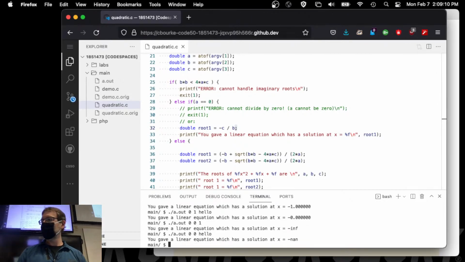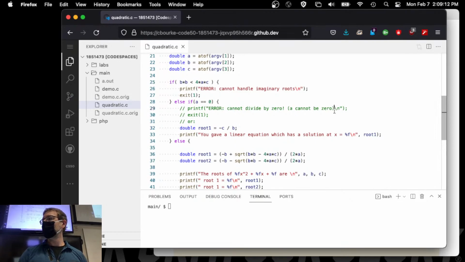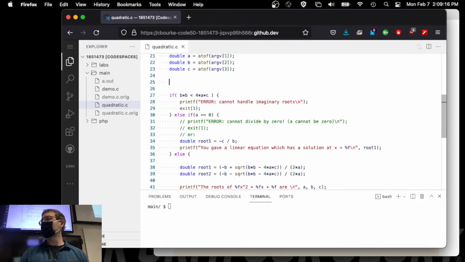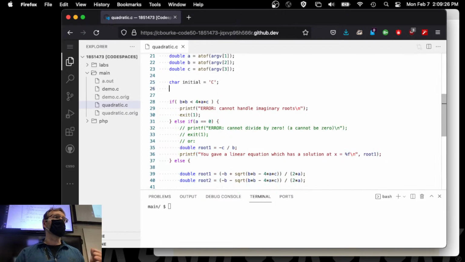Is there a way to detect the value of the ASCII input? There is. For example, if I have char initial is equal to C, right? That's already a value, right? Capital A is going to be 65, so C is going to be 67.